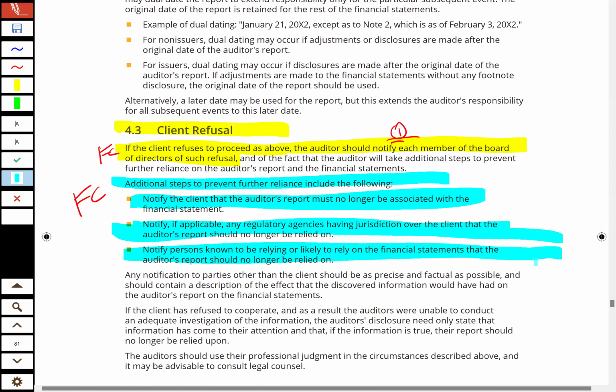That's if management doesn't do what they're supposed to do and the board of directors fails to do what they're supposed to do. Hopefully, you'll never be in this situation.